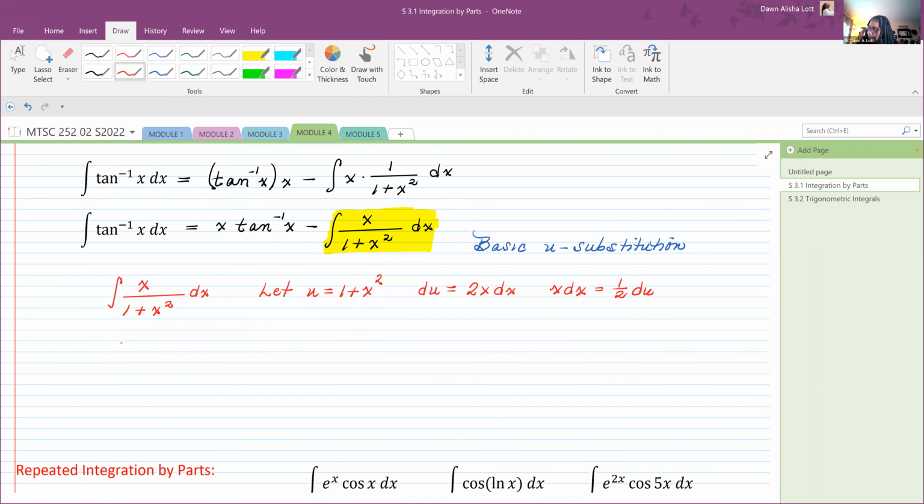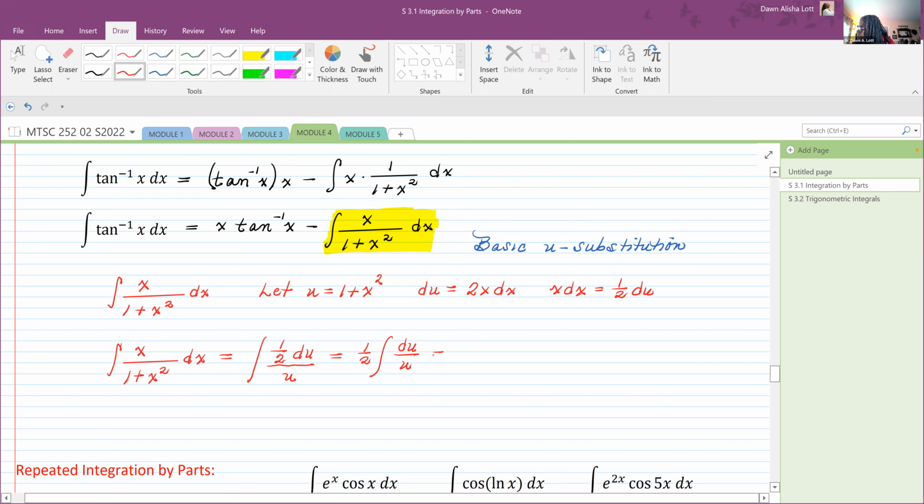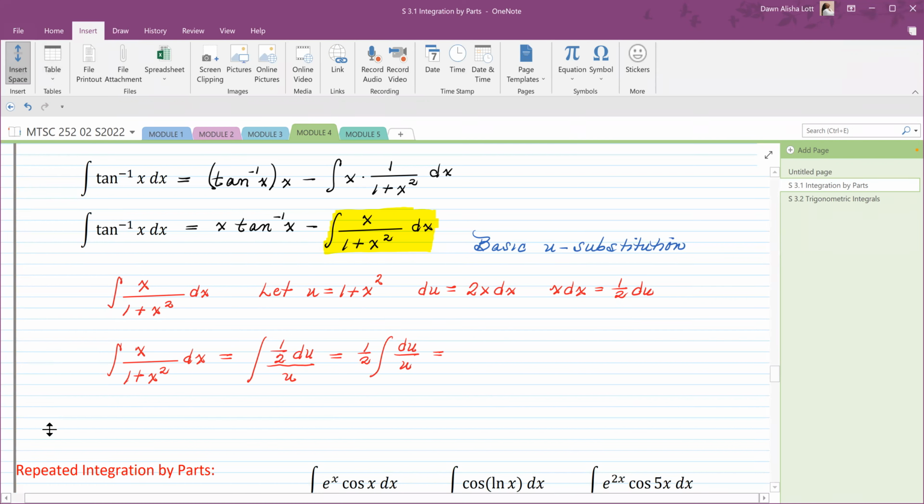So I get the integral of x over 1 plus x squared dx is the integral. Well, x dx is 1/2 du, and 1 plus x squared is u. So this is 1/2 the integral of du over u. What's that integral? The integral of du over u. Is that the ln of the absolute value of u?